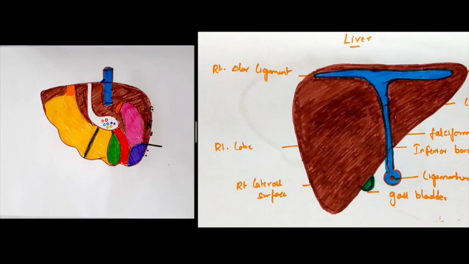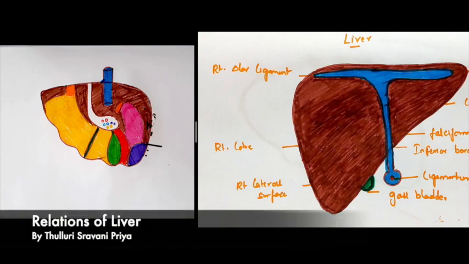At the level of the 8th rib in the mid-axillary line, this diaphragm separates the right lateral surface from the lung. That is, the 10th rib at the level of pleura, whereas the 8th rib at the level of lung. Knowing this level of ribs and the right lateral surface will be mainly used during biopsy procedures. That is about the right lateral surface.